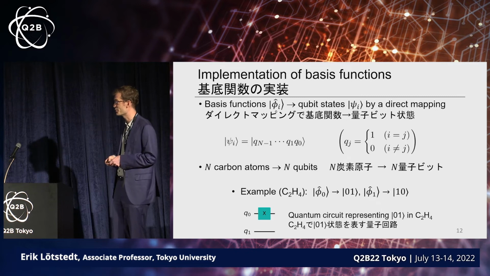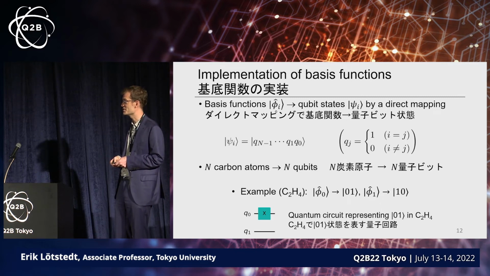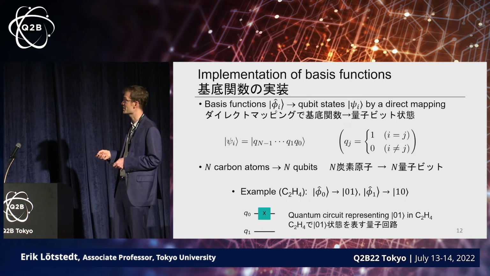So for example, for these two carbon atoms, this ethylene molecule, we have two p orbitals, and one is described by the 0, 1 qubit state, and the other one is the 1, 0 qubit state. And these kinds of states can be easily represented just by inserting the X gates like this.